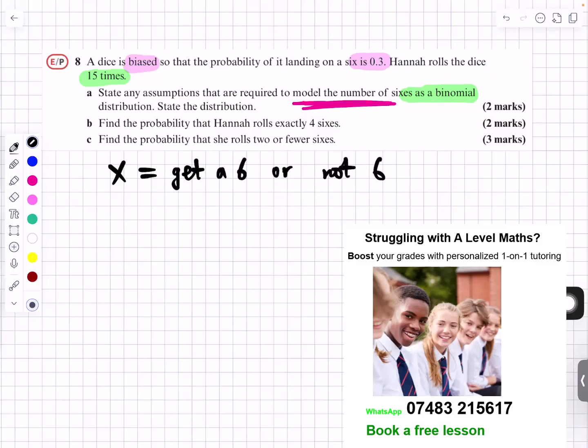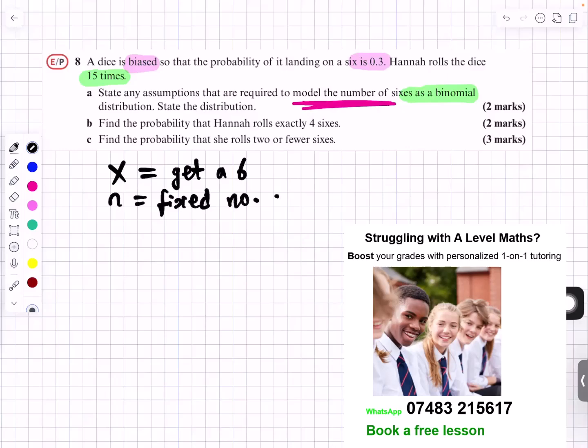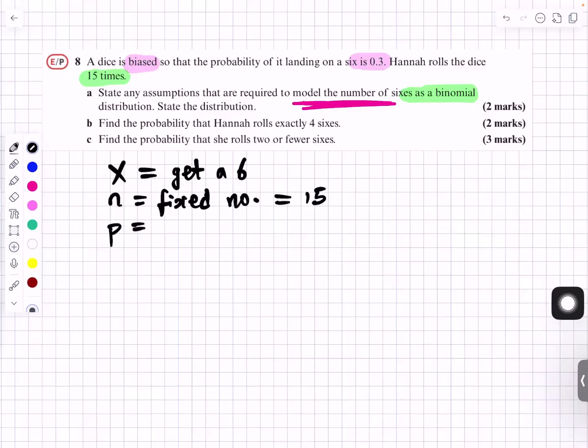So you can say probability of getting a 6. Even if you just put probability of getting a 6, that should be good enough. And then there are a fixed number of trials. So n is a fixed number. You're going to do it how many times? 15 times. And what's the probability for each one? It would be 0.3.